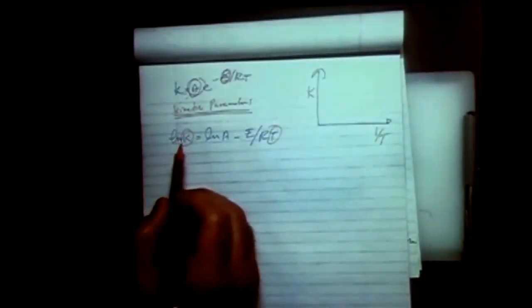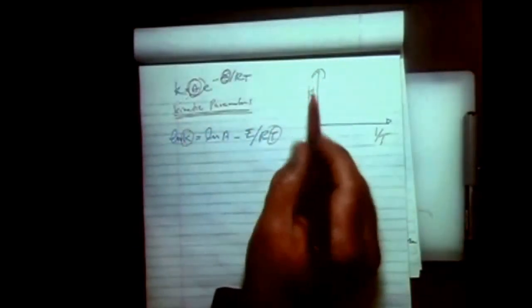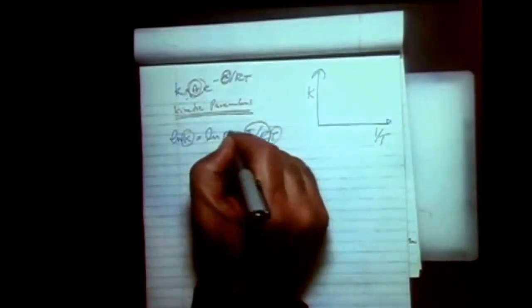So if I plot k versus 1 over T, if you do that in a semi-log graph, here is the log and here is the normal, or you take the ln of this number and plot it here. So what do you expect? How are you going to find E over R, and how are you going to find A?